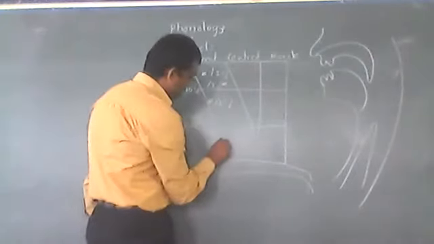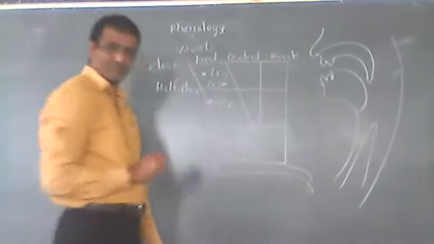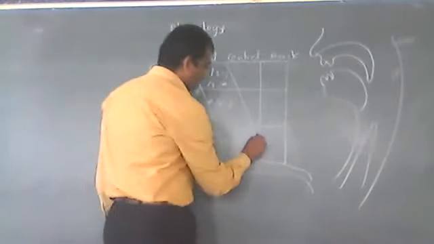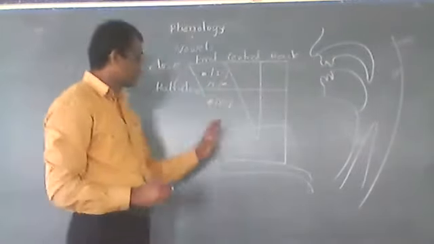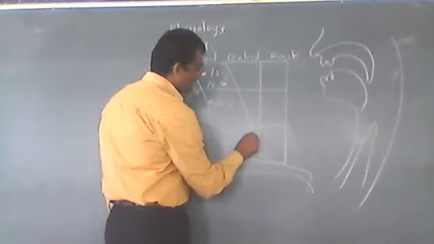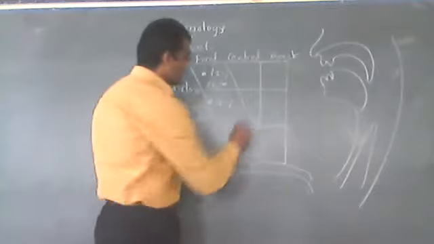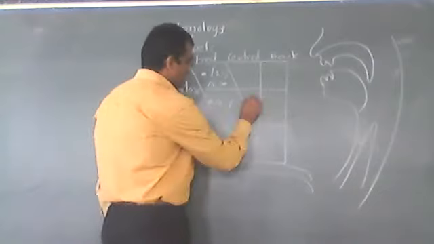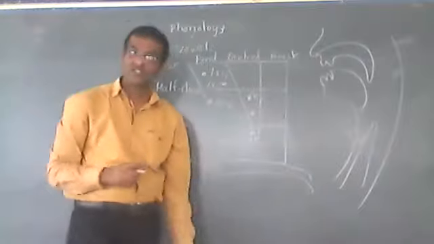We have three A sounds that we have to understand here. Here we have a short A sound, then another A sound in a slightly raised position, and we have another A sound.